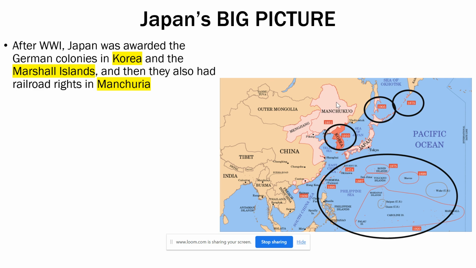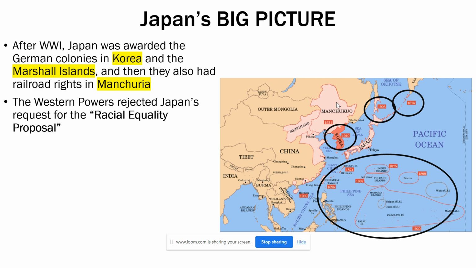The biggest problem for Japan, though, it actually doesn't really have anything to do with territory. There's one thing that Japan asked from the Western powers that got rejected, and they asked that the Western powers sign something called the Racial Equality Proposal, where, again, it's not even about territory, but about being seen as an equal in race on the world stage.